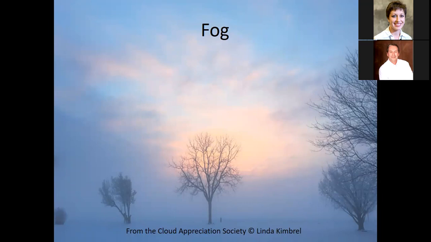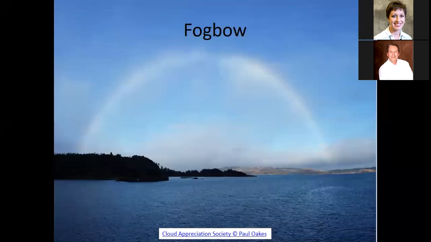And so that's why we get fog. A lot of times that happens at nighttime as that air cools down to the dew point temperature, especially when you have very calm winds and clear skies. And if that fog is thin enough, you may actually get a rainbow associated with it, and that's called a fogbow.